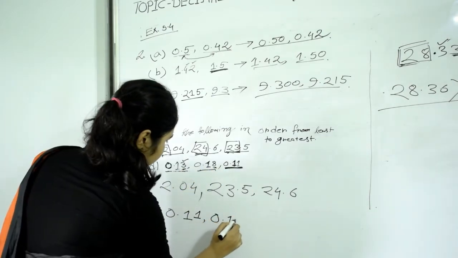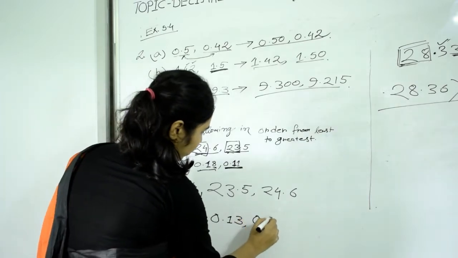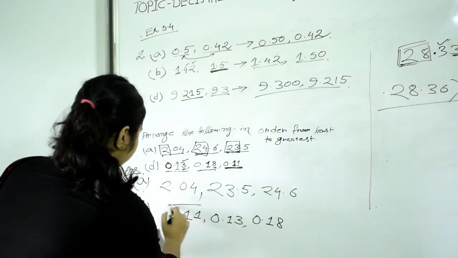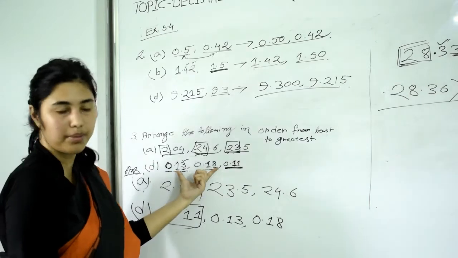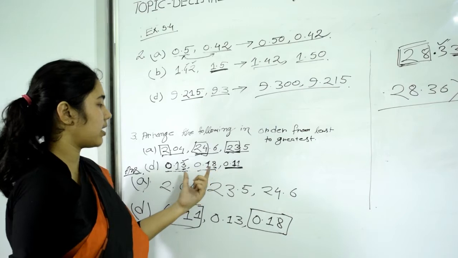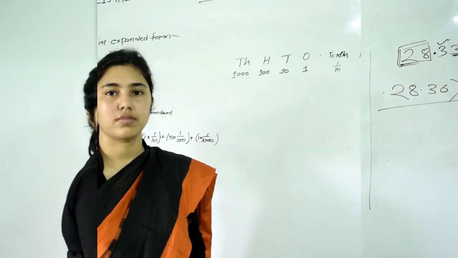So write 0.13 next and after that 0.18, which means 0.11 is least among these 3 numbers and 0.18 is the greatest among these 3 decimal numbers.